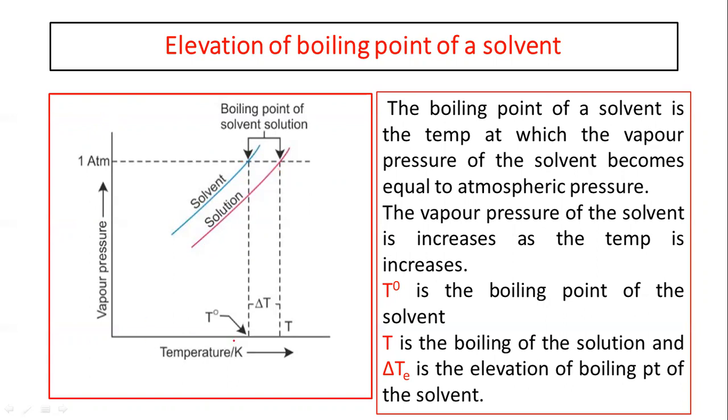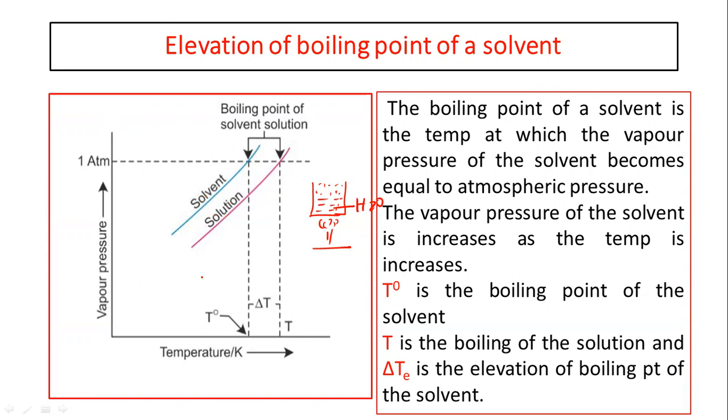As we increase the temperature, the vapor pressure of the solvent increases. Suppose we take a particular solvent, for example water, in a beaker. As we increase the temperature, the vapor pressure also increases, because more vapors are formed.